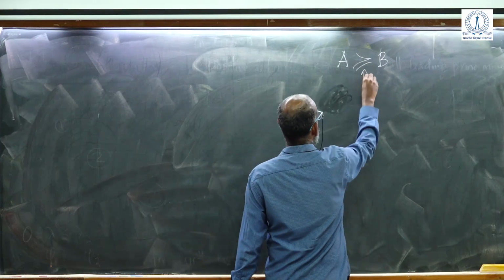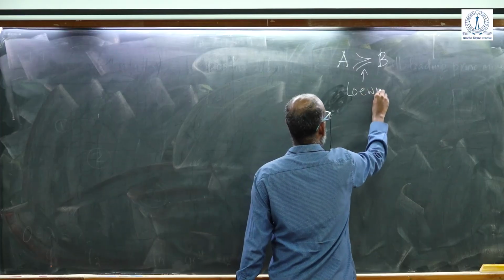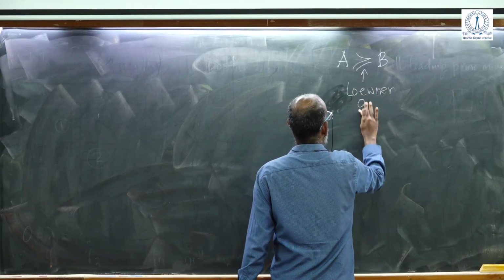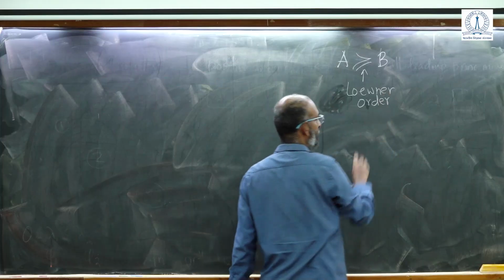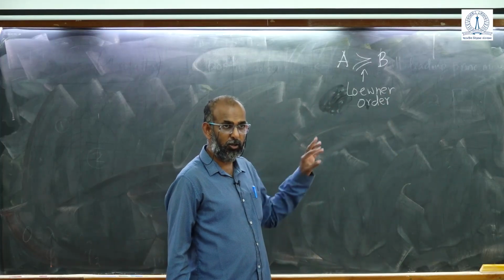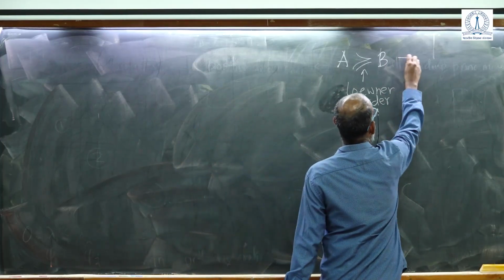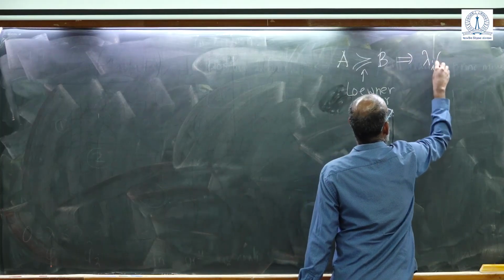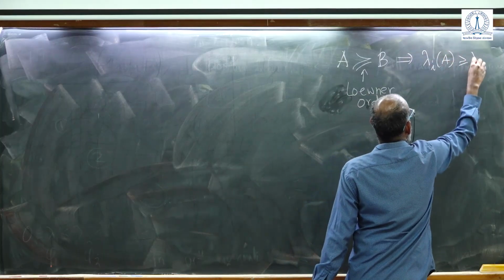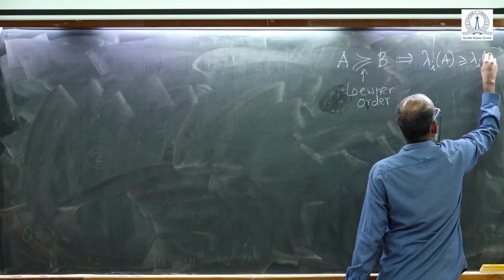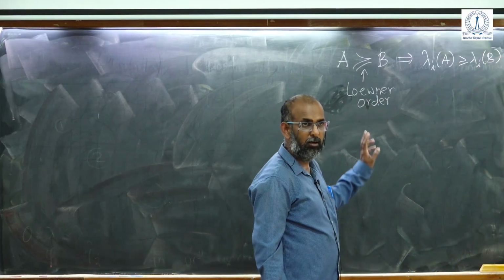Just to write it formally, this is called the Loewner order. This is on PSDs. So this implies that lambda_i of A is greater than or equal to lambda_i of B for all i, right.